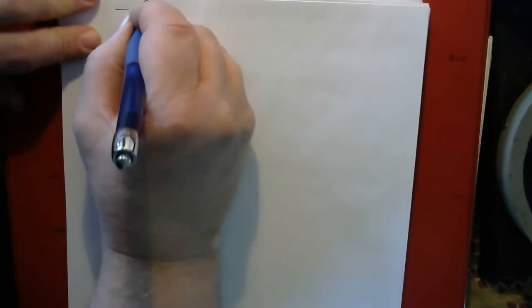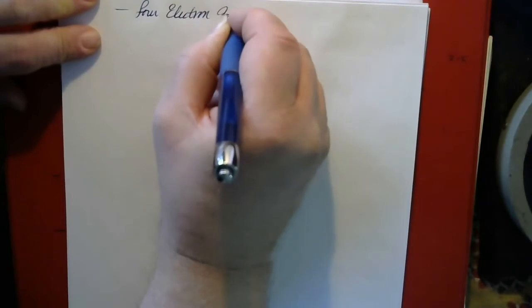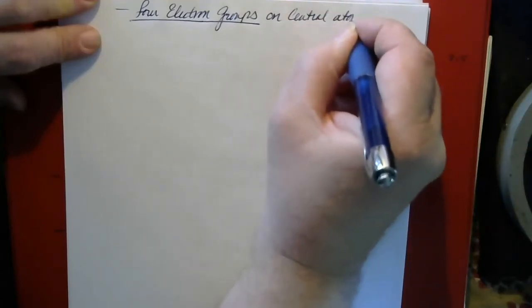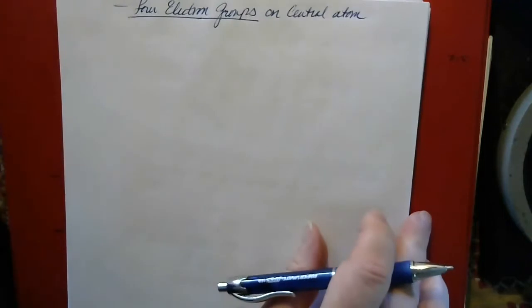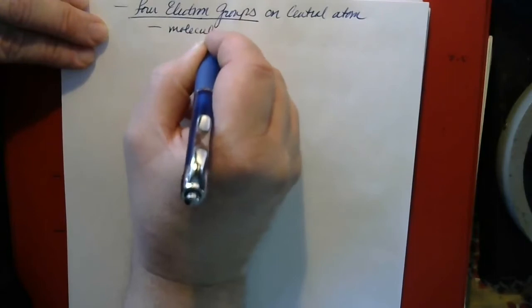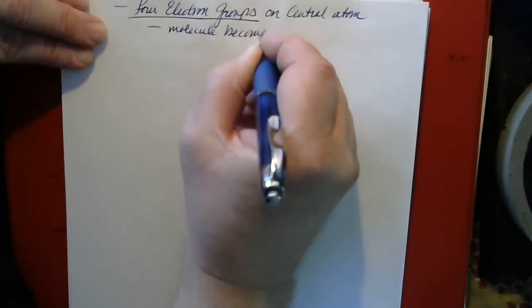Now let's see, 4 electron groups. This is where things get fun, because this is where molecules actually become three-dimensional, when you reach 4 electron groups on the central atom.